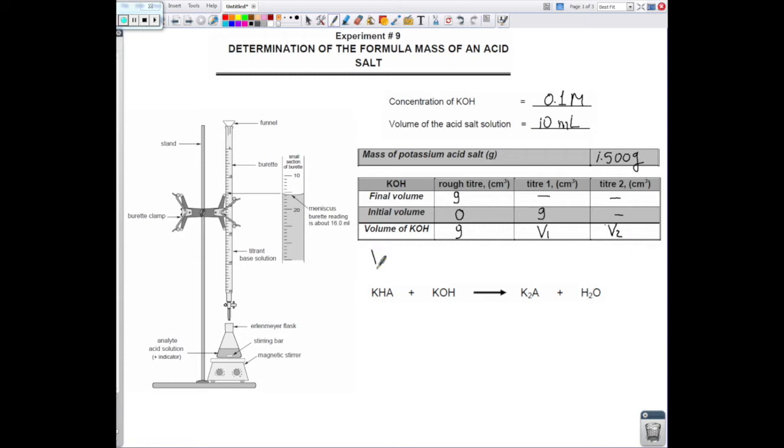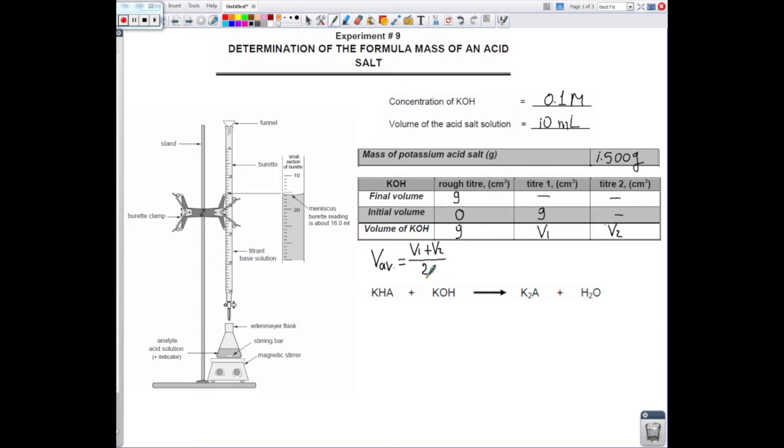Once you determine the volume 1 and volume 2, you need to determine the average value, which is equal to V1 plus V2 divided by 2. We don't consider the rough titer because it's not accurate enough. It's rough.